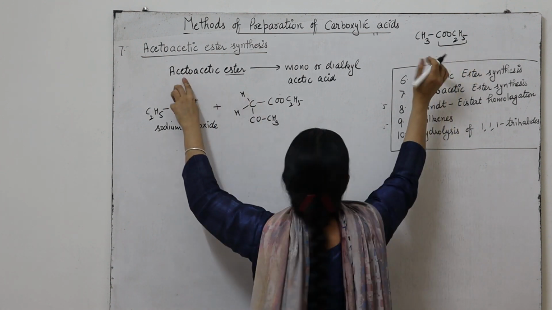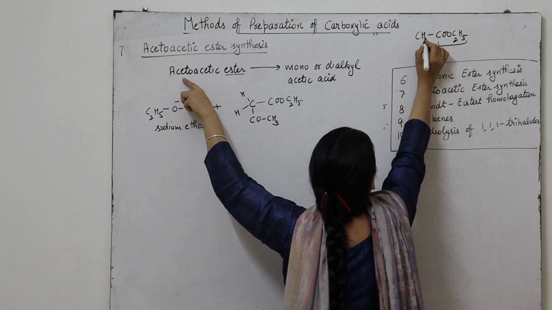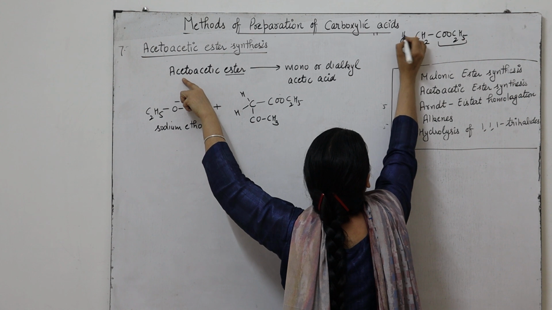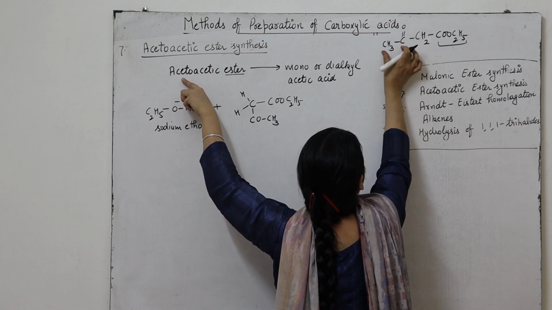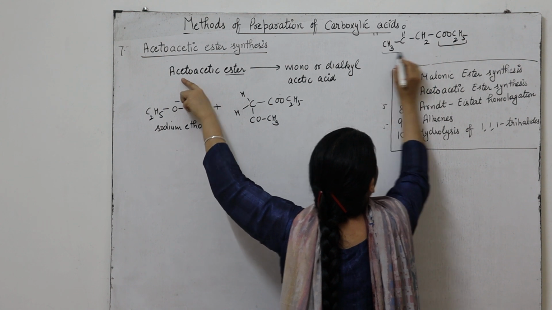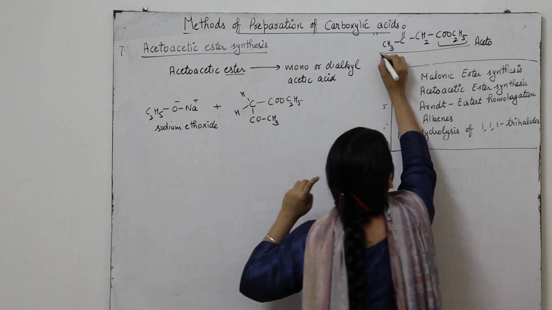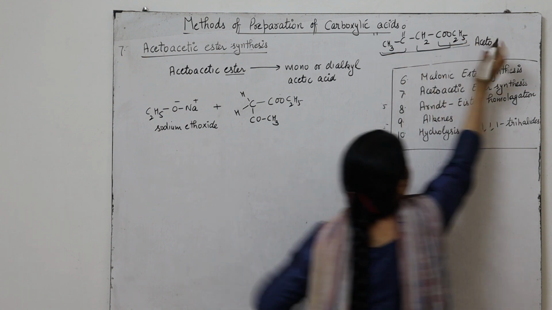Aceto means one H of the methyl group is replaced with the ketone group, COCH3. This is the acetyl. So this compound is known as aceto, and this is the acetic ester.